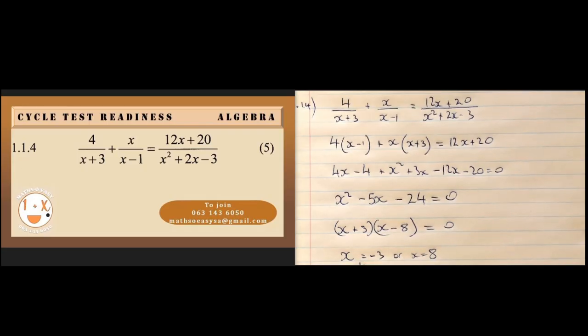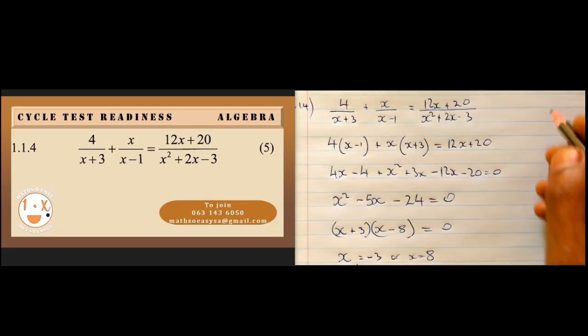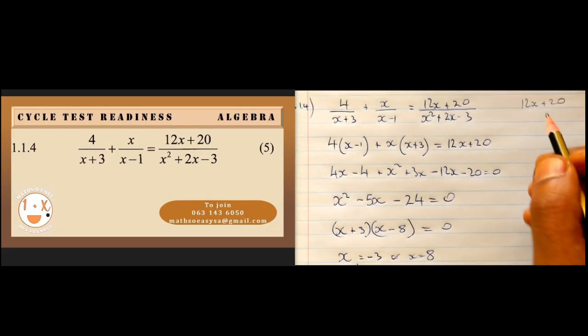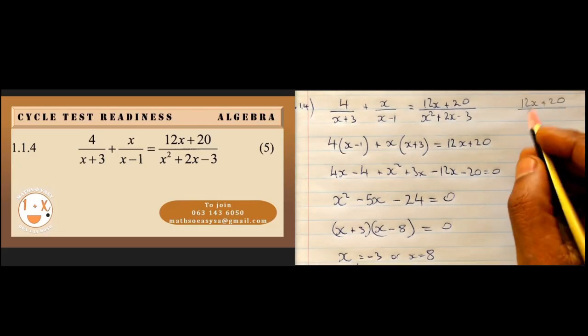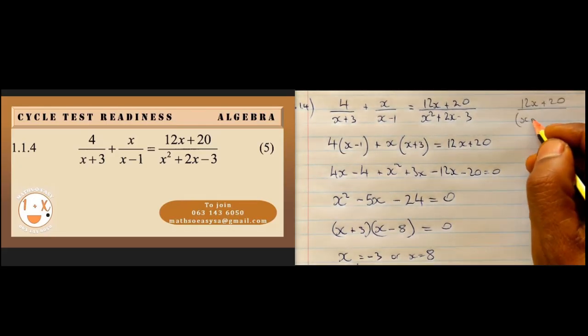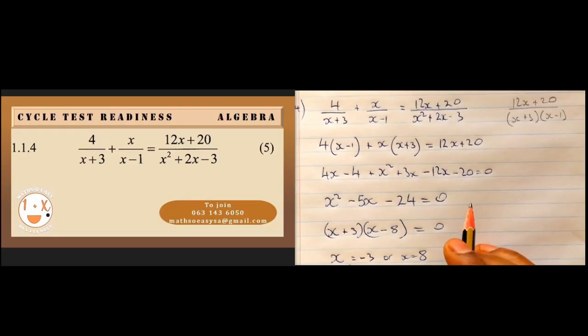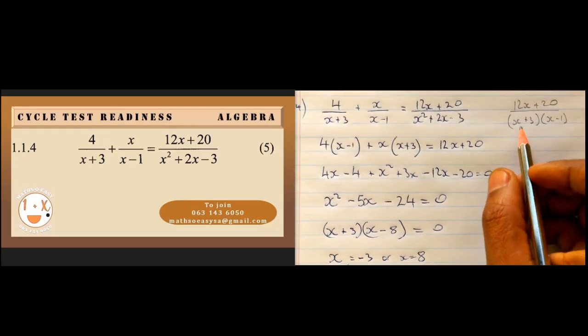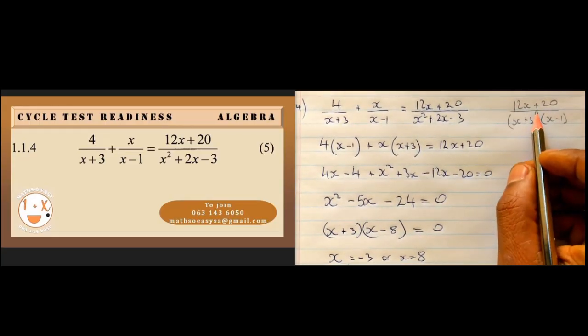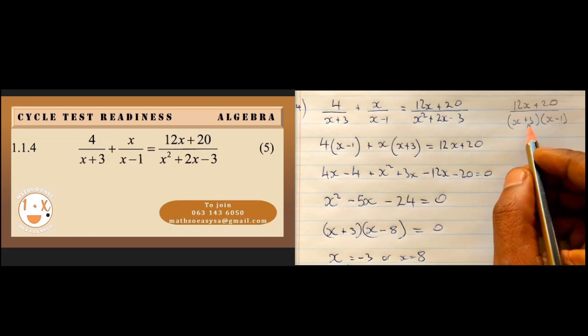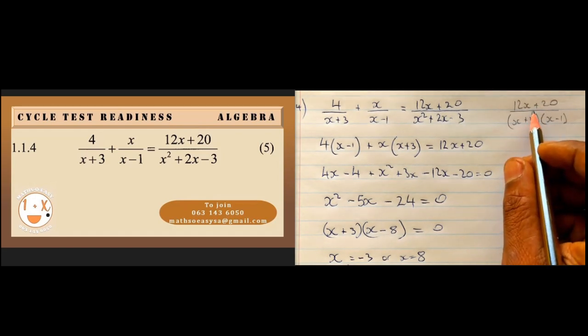You don't need to go 12x plus 20 over, you factorize that, you say x plus 3, x minus 1. Nothing stops you from doing that, remember? You can do that. Then here, what will you have? If you factorize that further, you'll have a 4.